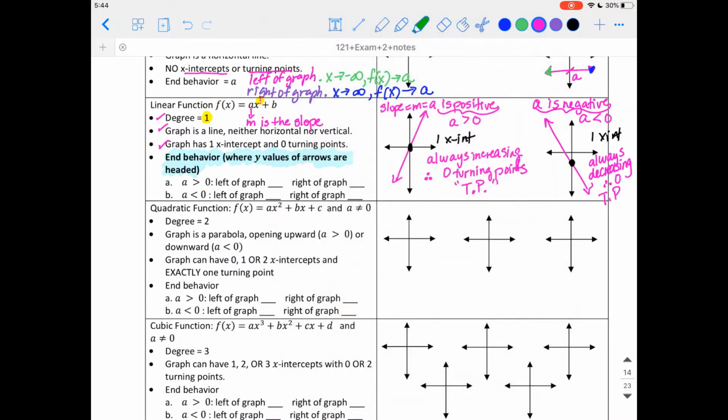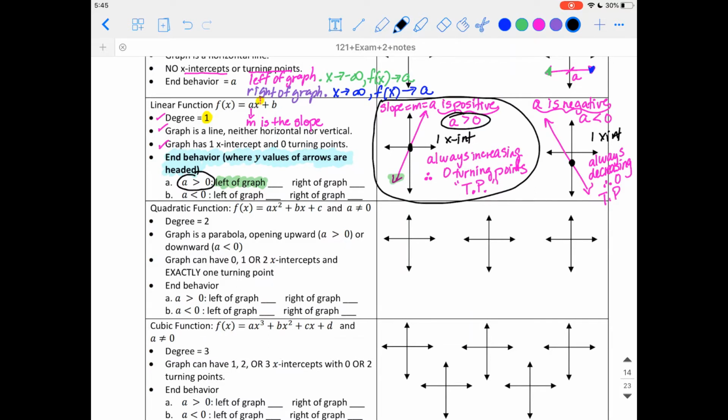So for when a is greater than 0, that means that I can only look at this graph right here.